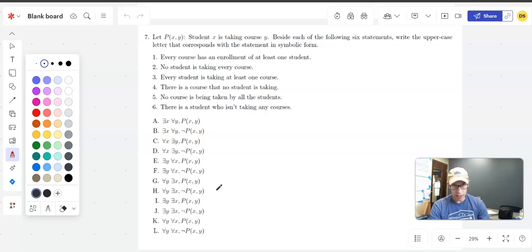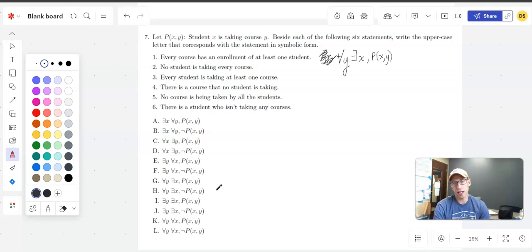So what this is saying is for every course, for any course you mention, there's at least one student in it. So there exists a student such that the student is taking the class.